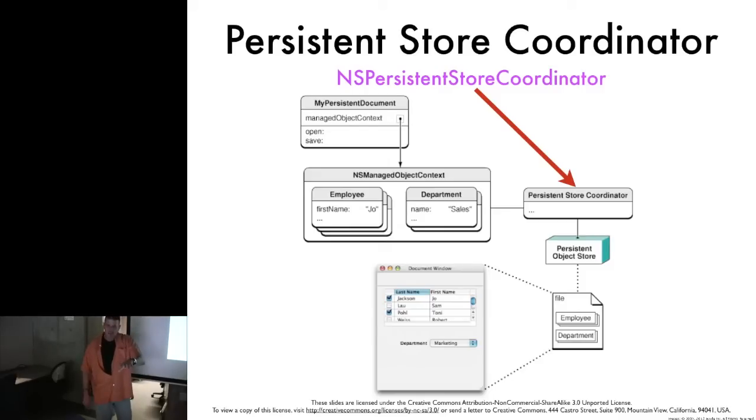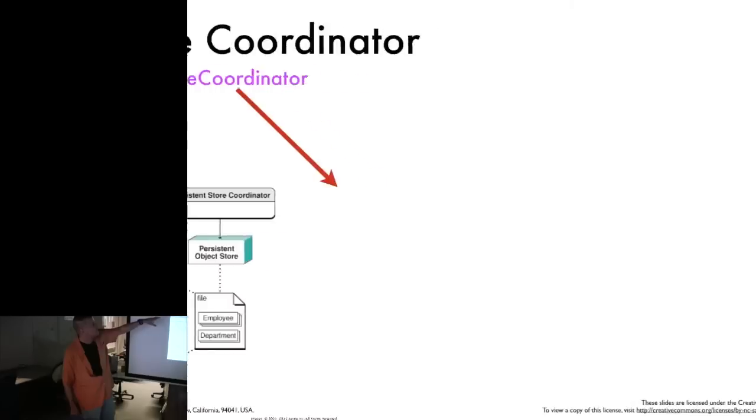You've seen a lot of this in Lion, where as you're typing away, whether it's saved on the cloud or saved locally, or you haven't even hit save yet, it's constantly keeping all of that stuff in sync in the background. That's all handled automatically by an NS document.